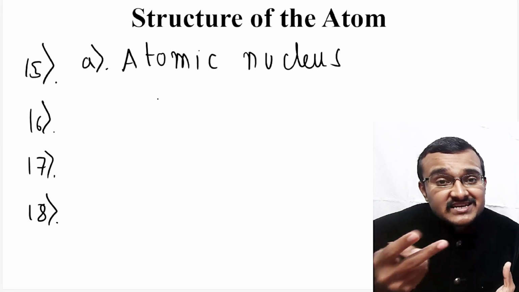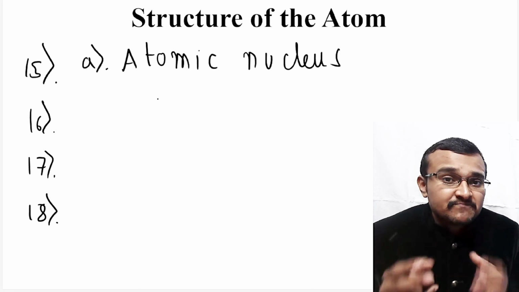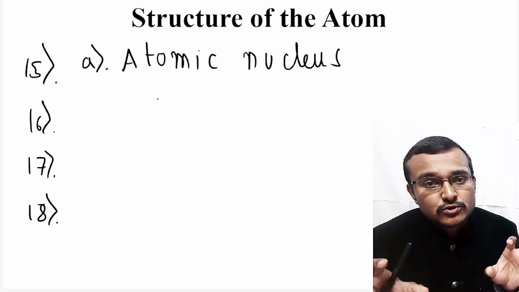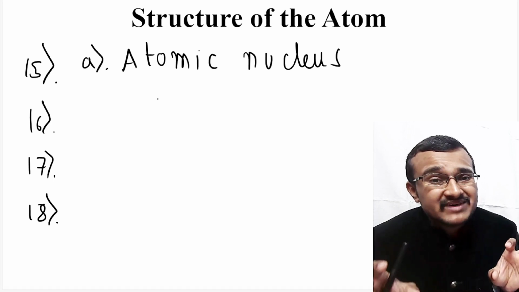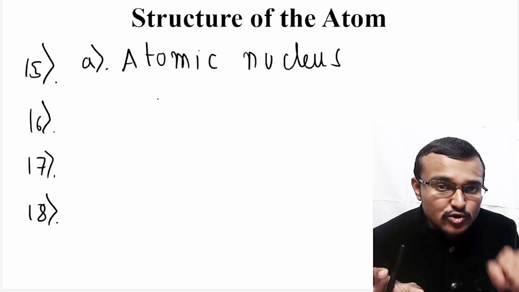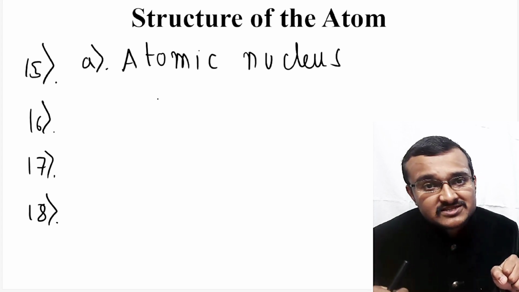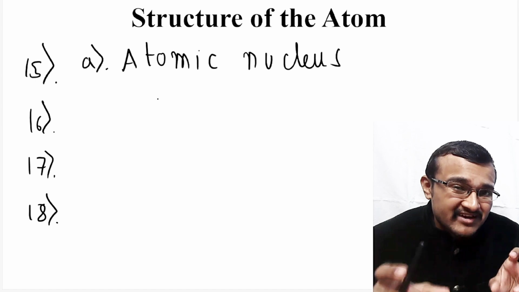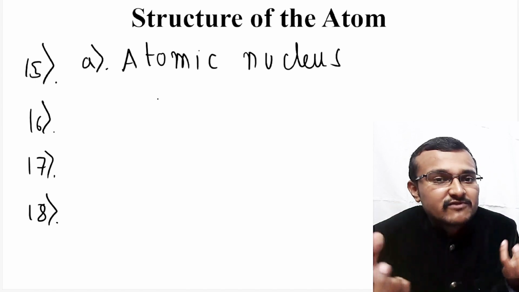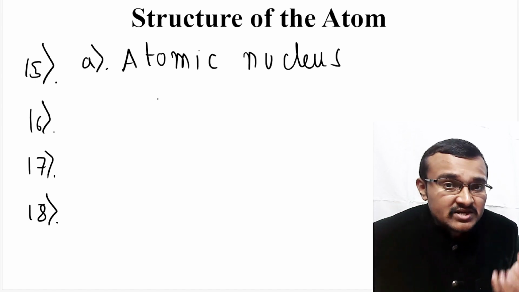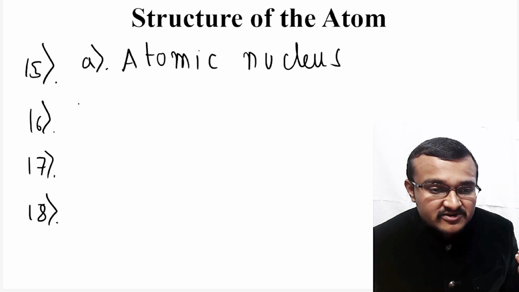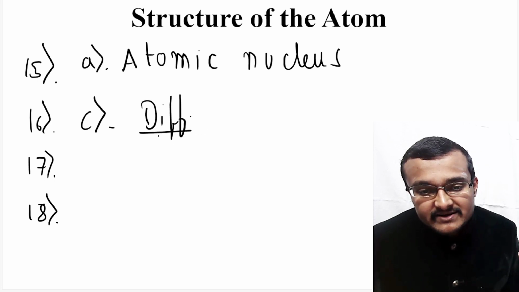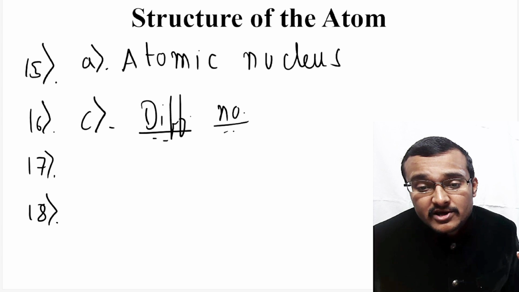Only when there is a change in the number of neutrons, because the number of protons and number of electrons is fixed for both the isotopes, because both isotopes will have the same atomic number. That means the number of protons is fixed in both the elements, but the number of neutrons will be varying. So that's why the atomic mass number of both isotopes will be varying. So here the correct option for the 16th question will be option C, that is different number of neutrons.